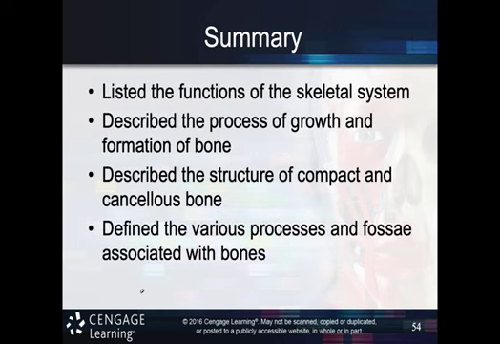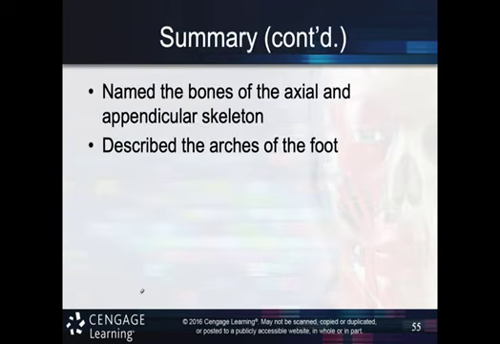So we've talked about the skeletal system, listed the functions, described the structure, compact and cancellous bone, defined the processes and the fascia associated with bones. And then we've talked about the two divisions of the skeletal system. What you've got to understand here, okay, is that this is a lot of material, all right?